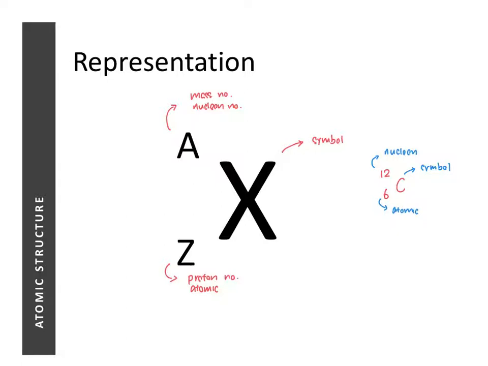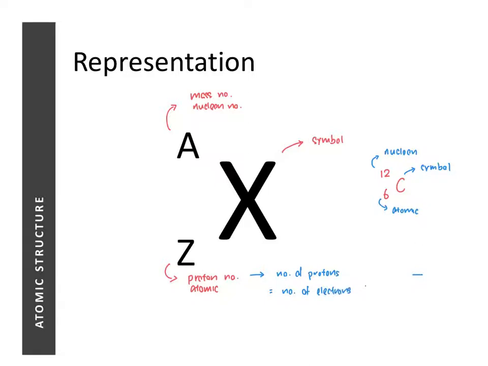From the proton number, we can tell the number of protons. That's why it's called the proton number. In an atom, since atoms are neutral, the positive charge is cancelled by the negative charge. So for any atom, the number of protons must be equal to the number of electrons.